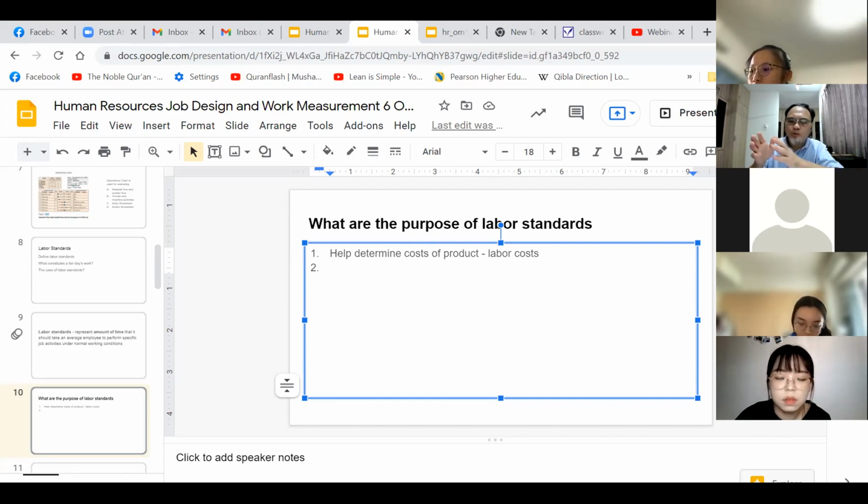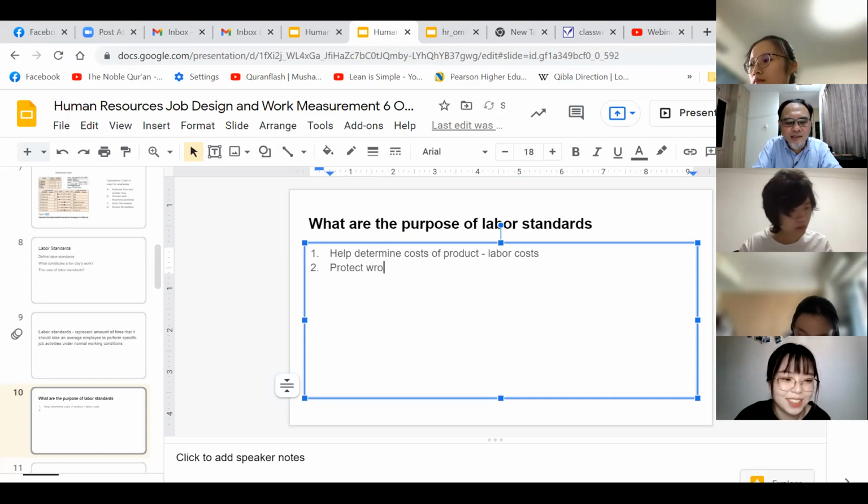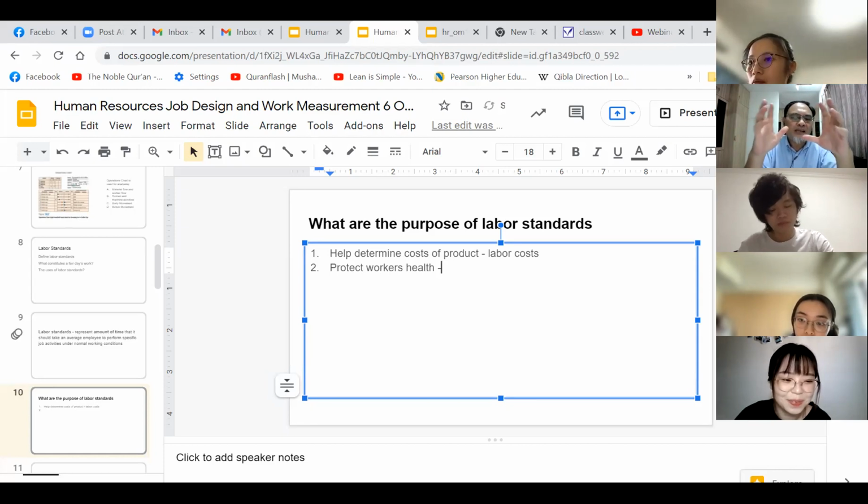If I have a product that requires many steps, many workers, and I know the time, what else can I use the time for? Yu Hong. I think it can protect workers' health. In what way?